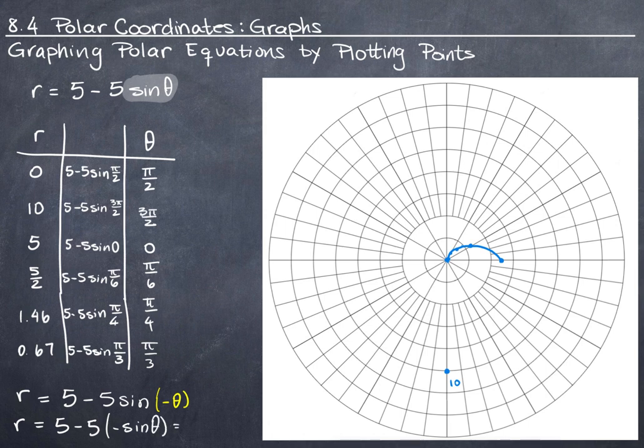And that gives me 5 plus 5 sine theta. And that is not equivalent either. So we do not have polar axis or x-axis or horizontal symmetry. In other words, we do not have a reflection down here of what we see up here.